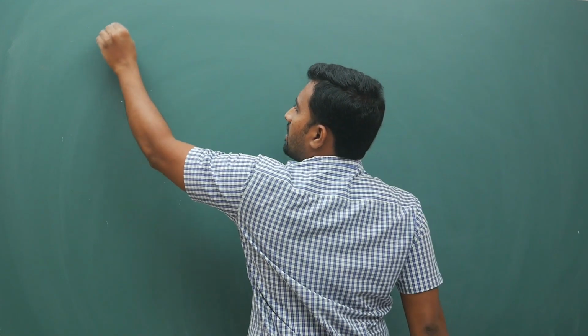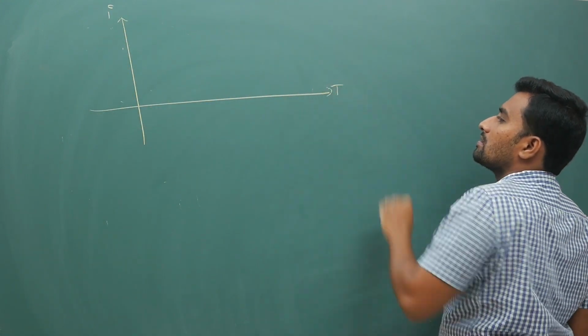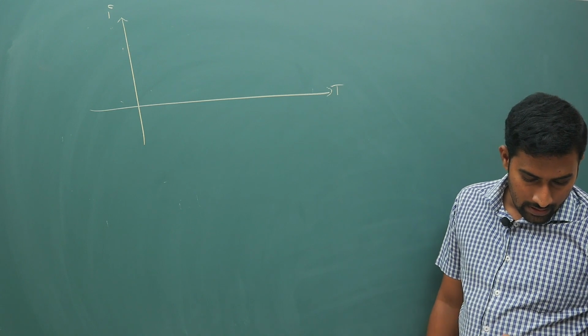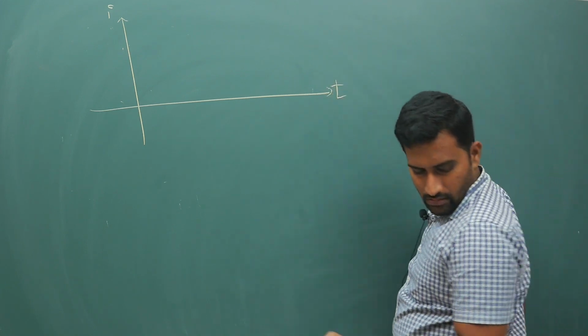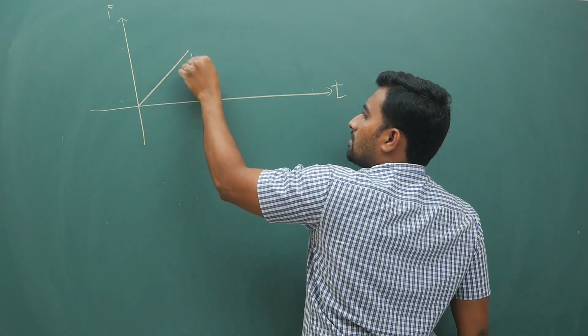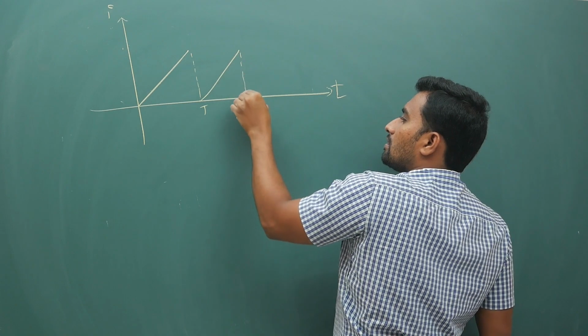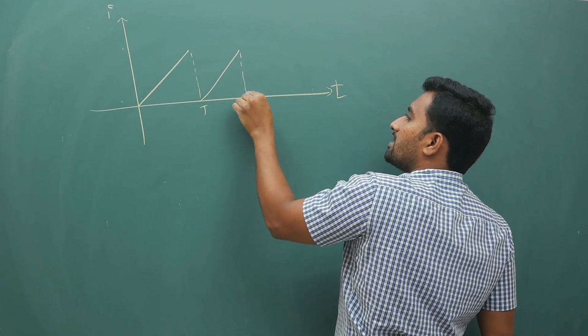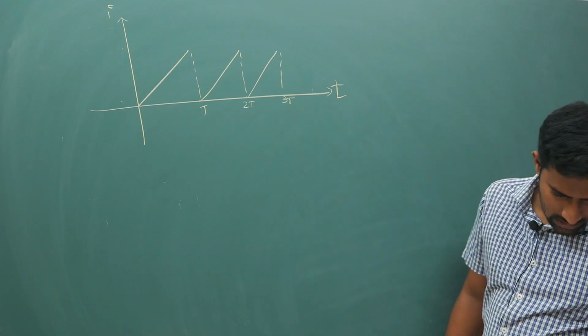Your next graph is, you are given an I versus t graph like this. Write your time graph. For time period T it is like this. For time period 2T it is like this. For time period 3T it is like this.